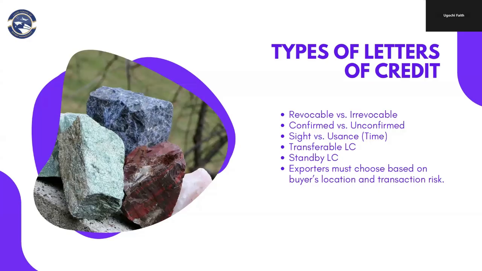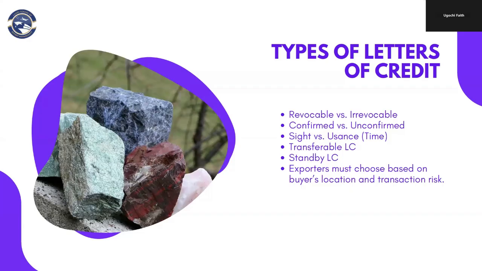So that's how sight letter of credit works, and usance deals with time. But the best for any beginner exporter is irrevocable letter of credit. So what you really need is the irrevocable letter of credit.